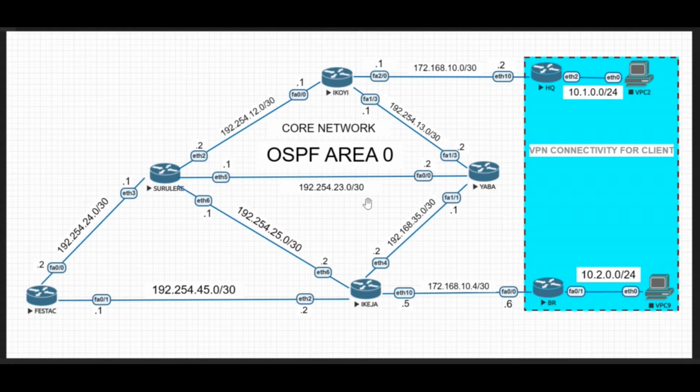At the service provider core, we have 5 devices in operation, and this is a multi-vendor environment which comprises Cisco routers and MikroTik routers. At Festac, Ikoyi and Yaba, those are Cisco routers, while for Surulere and Ikeja, we are running MikroTik routers. These locations are in Lagos State, Nigeria.